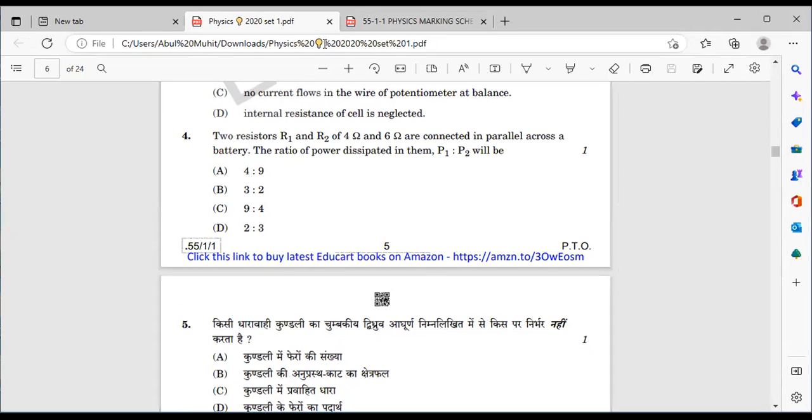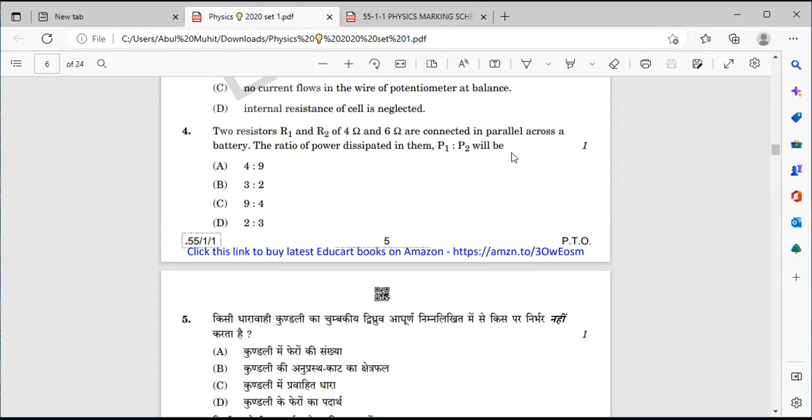What is the power formula? Question number is 4. P is equal to VI is equal to I square R is equal to V square by R.